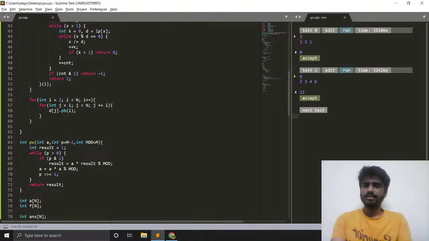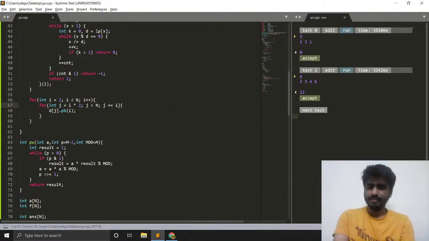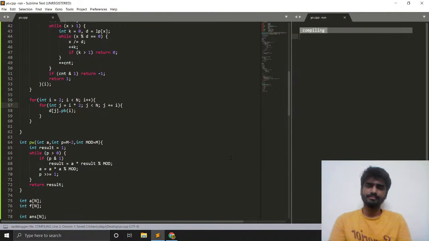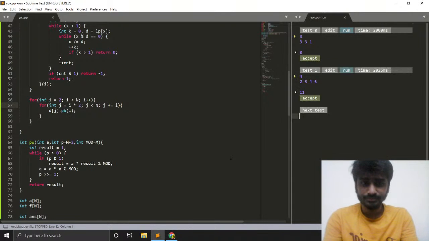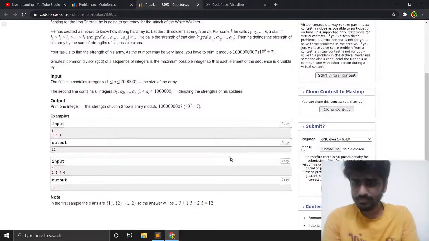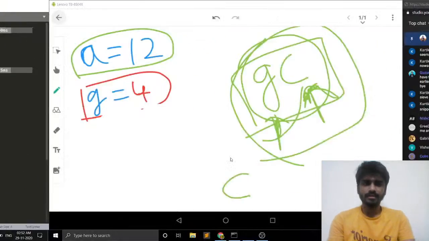I shouldn't have included the number itself as a divisor. Now it's wrong. It's very wrong.